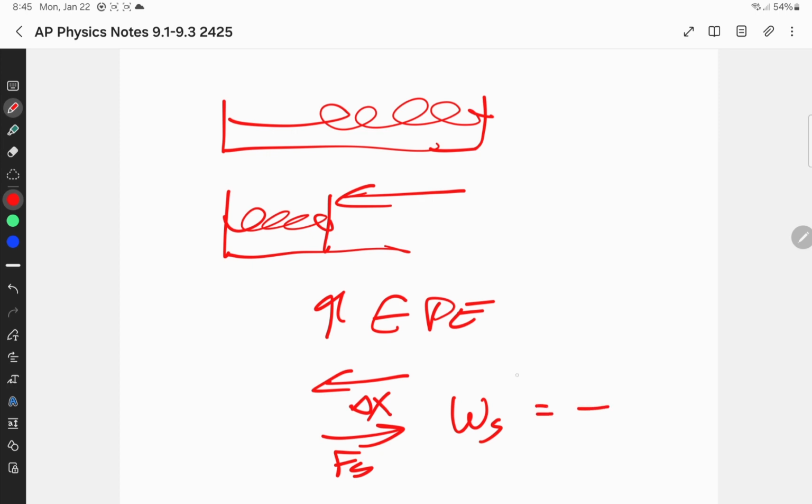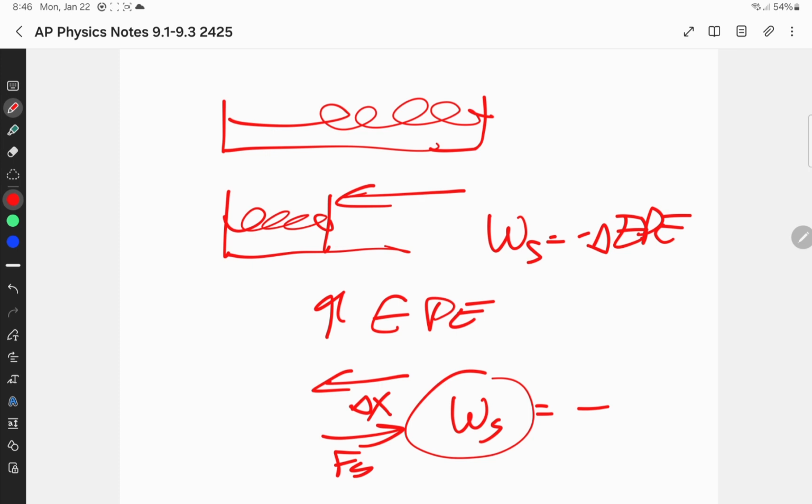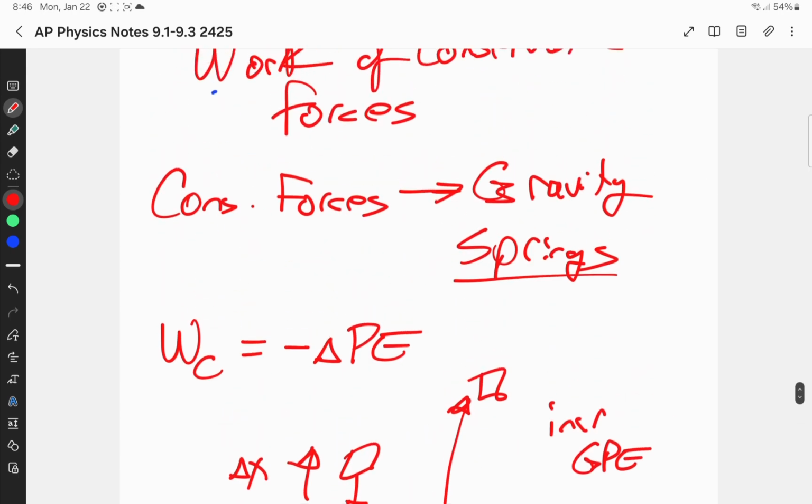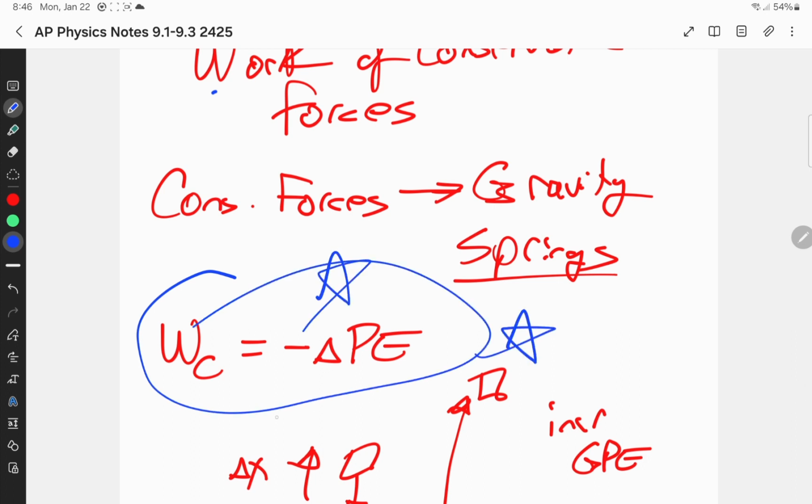And so it turns out the amount of work that the spring does is equal to the opposite of the change in elastic potential energy. Okay? So that is our second kind of big idea, is that the work of a conservative force is equal to the opposite of the change in potential energy. Once again, stars, unicorns, rainbows, all kinds of stuff. This is super important. All right?